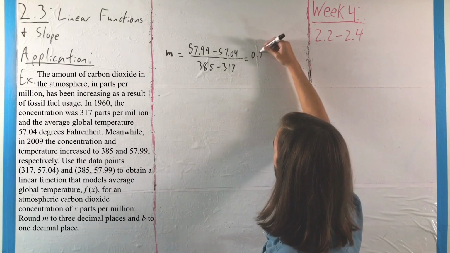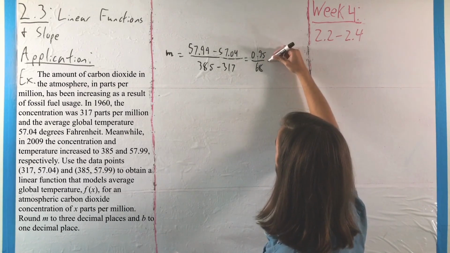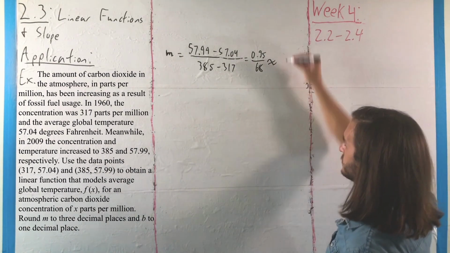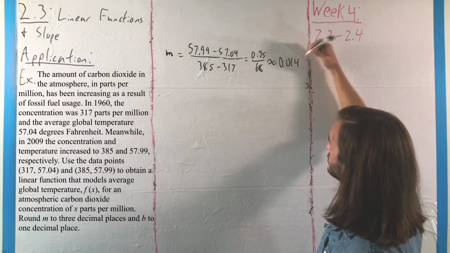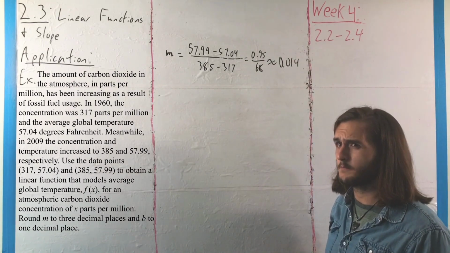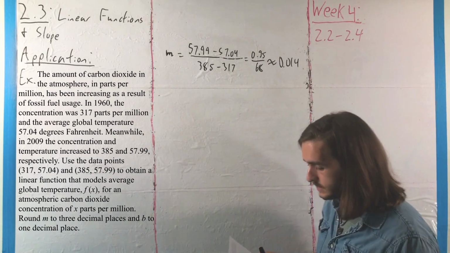So this gives us 0.9568, which is approximately, following the desired rounding scheme, 0.014 degrees Fahrenheit per part per million. Not the cleanest units there, but that's what we're working with.